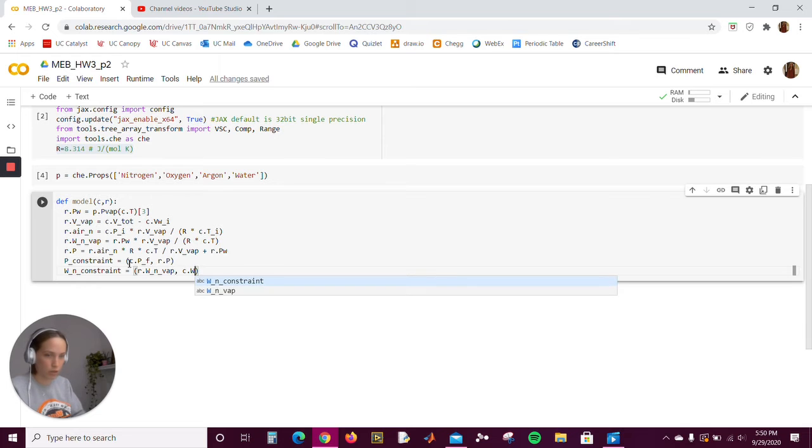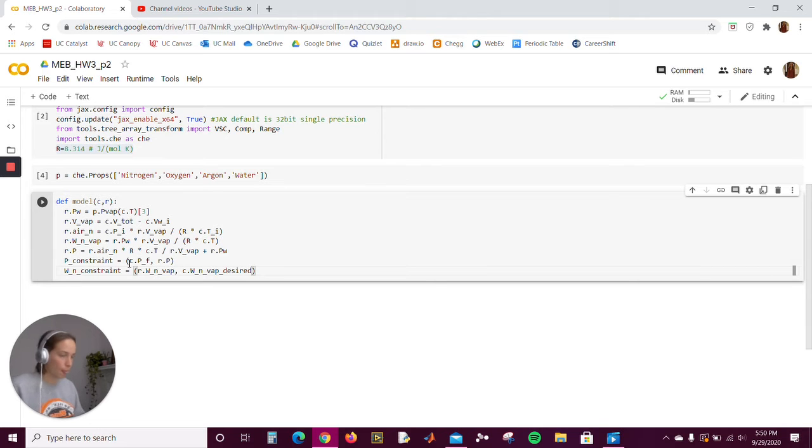And again, these are some values that we will define in a second. They're all just variable names right now. So as discussed in part 1, these constraints are what's going to make the final pressure equal to 200,000 pascals and the number of moles in the vapor phase of water 0.3.